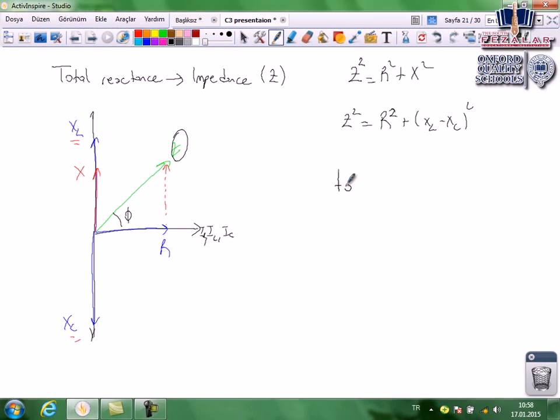Tangent phi for this right triangle is opposite side over adjacent side, meaning X over R, or we can write XL minus XC over R. And cosine phi for the triangle is adjacent side over hypotenuse, meaning R over Z.